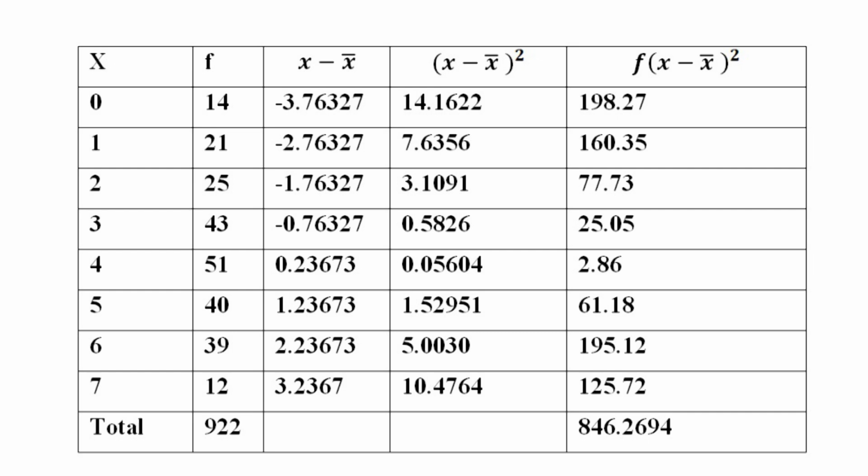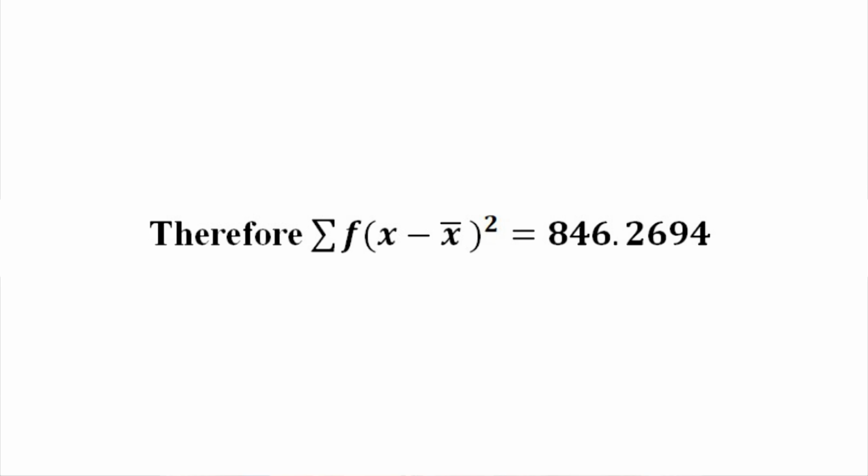Now, the sum of f into x minus x bar square is 846.2694.